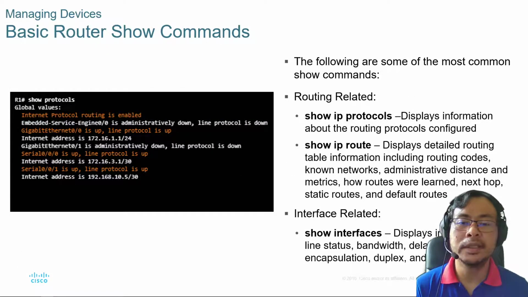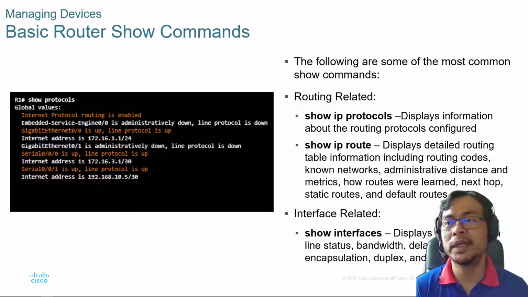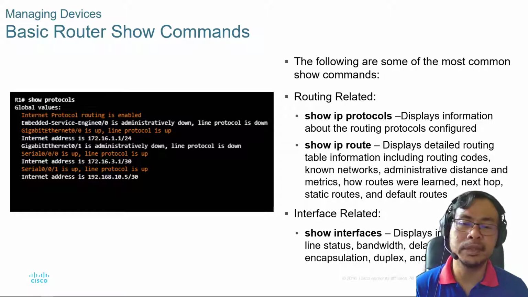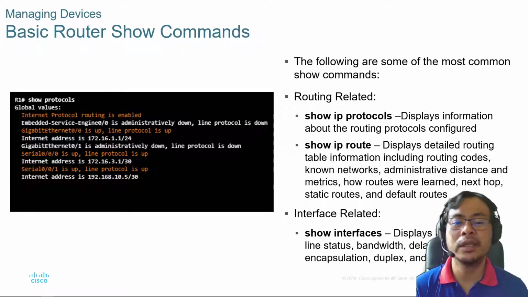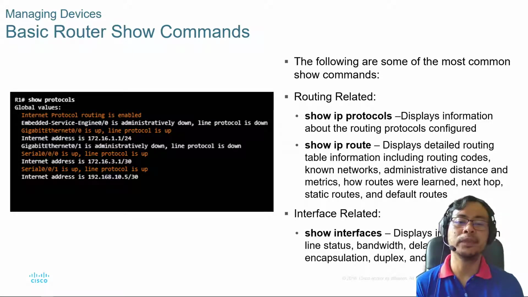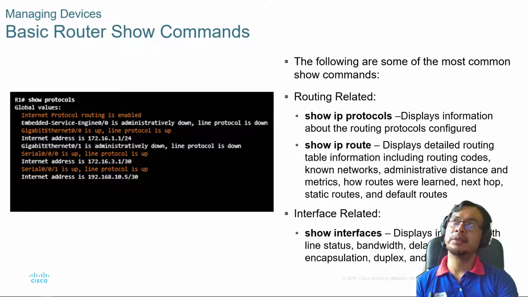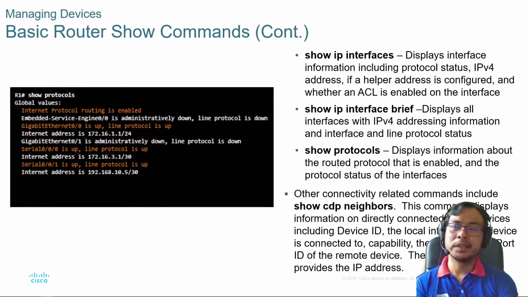Okay. There are also some show commands to check different information about your routing protocols, about your routing table, about your MAC table, about your iOS or iOS version, your status, or I mean the line status, the interface status to be more specific. You have them here.